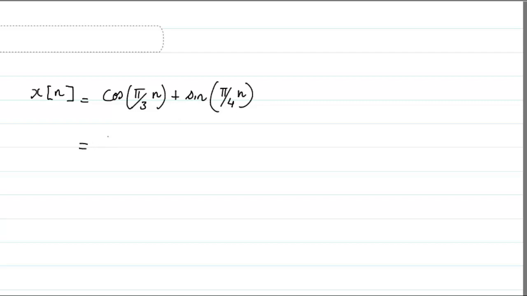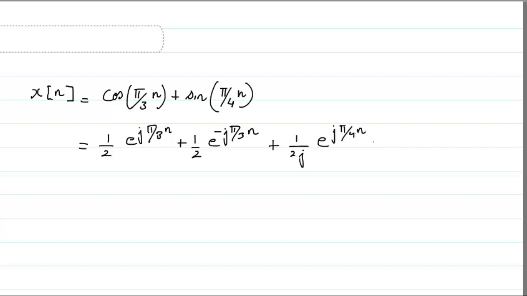So cos gets expanded as 1 by 2 e raised to power j pi by 3n plus 1 by 2 e raised to power minus j pi by 3n, whereas the sine gets expanded into 1 by 2j e raised to power j pi by 4n minus, sorry, not plus but minus, 1 by 2j e raised to power minus j pi by 4n.